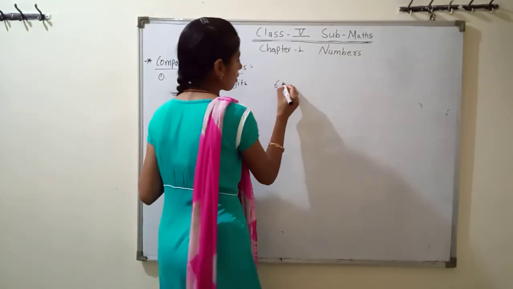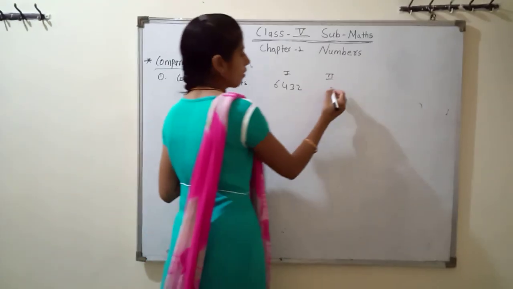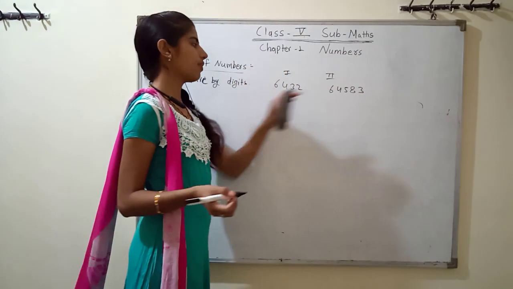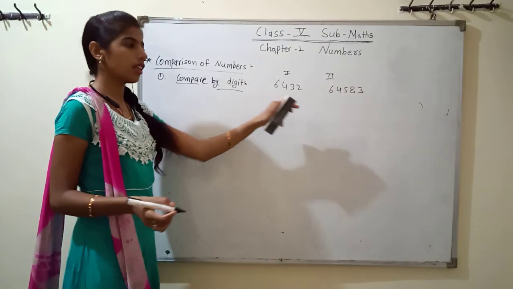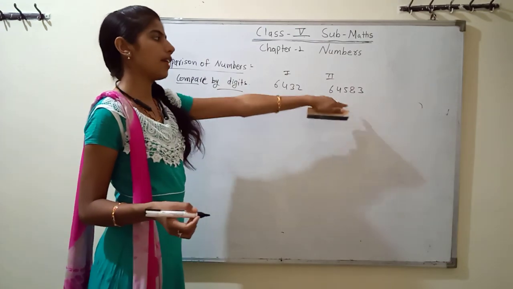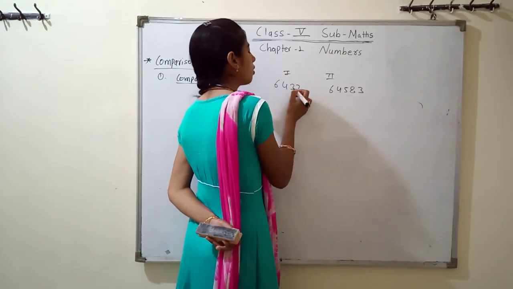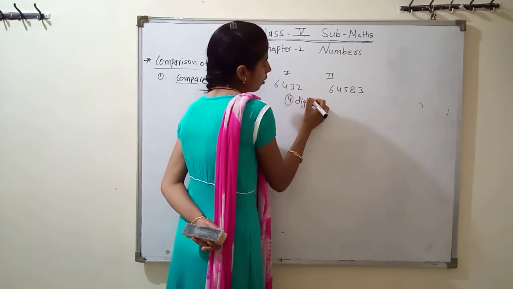If one number is given, 6, 4, 3, 2 and another, 6, 4, 5, 8, 3. First is compare by digit. See here, the number with more digits is the biggest. If we count 1, 2, 3 and 4, it is a 4 digit number.